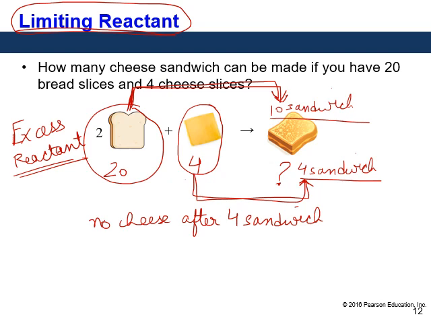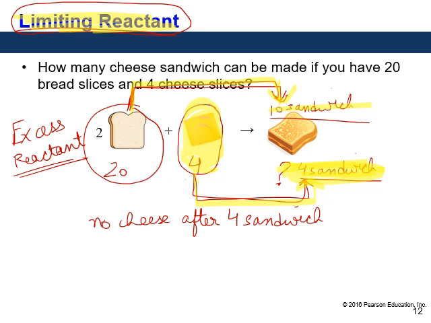So you will first convert your first reactant into product, figure out how much product it gives you, and do the same for the second. This can give me 10, this can give me 4. Lesser is 4, which means my limiting reactant is the cheese. That's how we figure out your limiting reactant and how much product you can get.